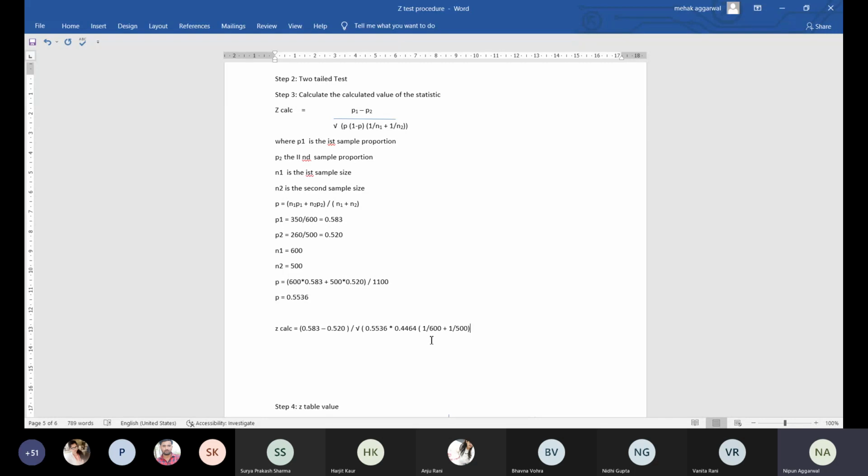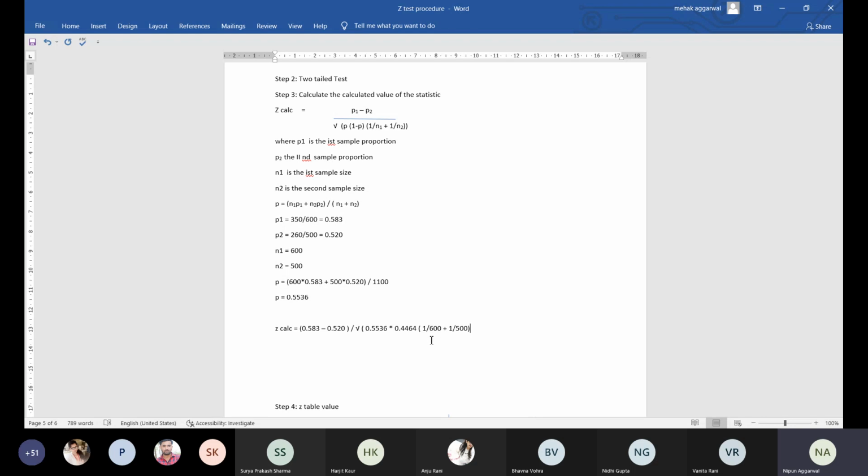So this plus gives 0.00367. So this is multiplied by 0.4464 and multiplied by 0.5536.